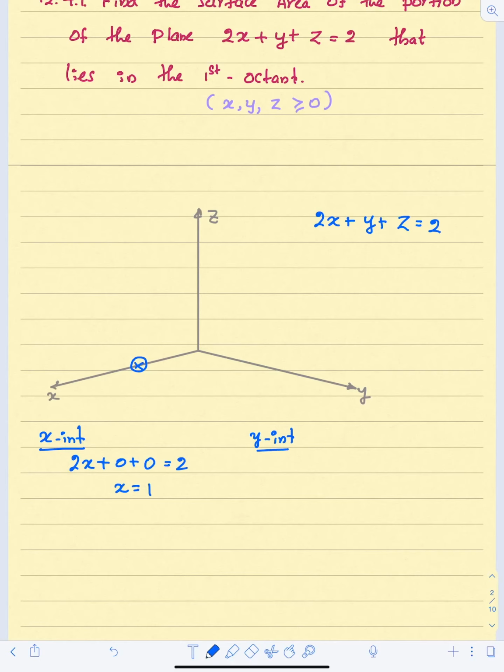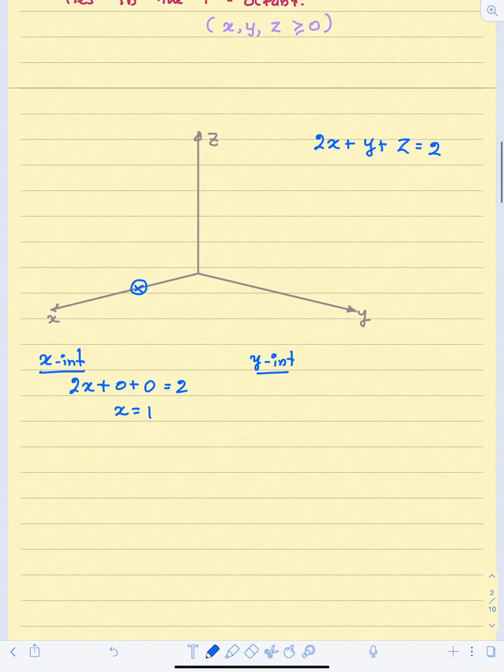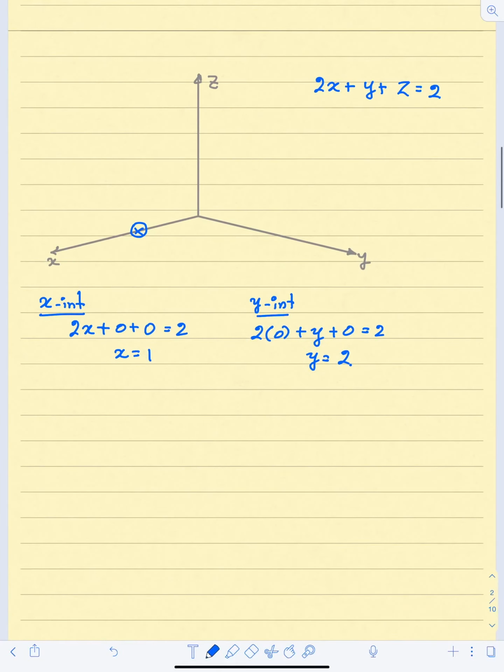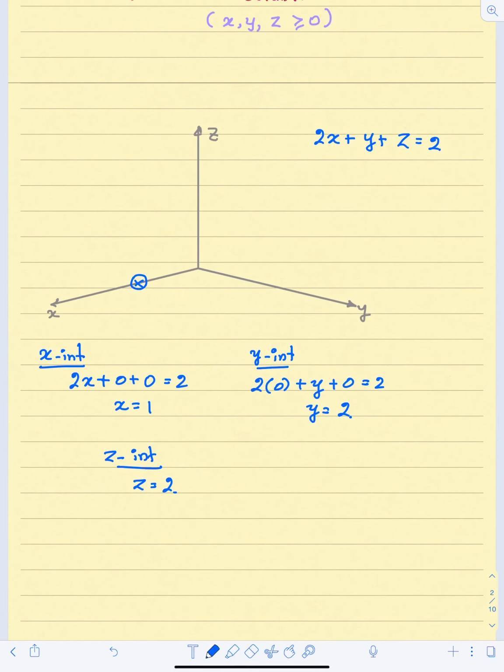And to get the y intercept, substitute x equals 0 and z equals 0. This means y equals 2. Similarly, you can calculate the z intercept, and the z intercept equals 2 as well.